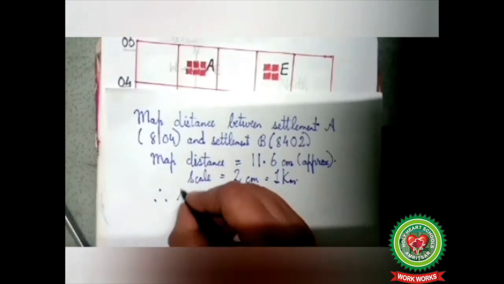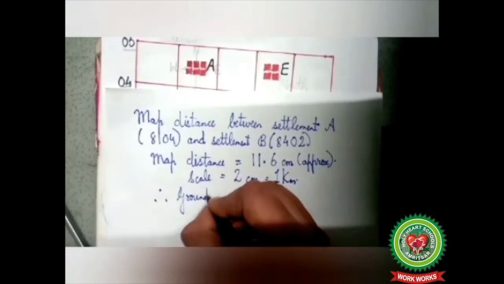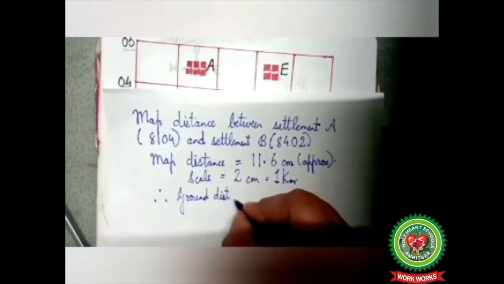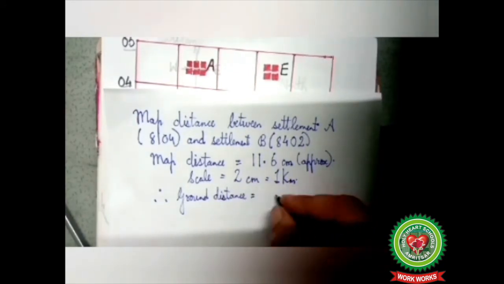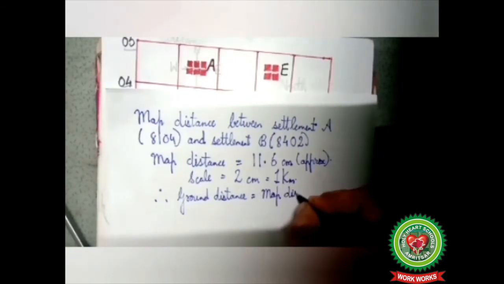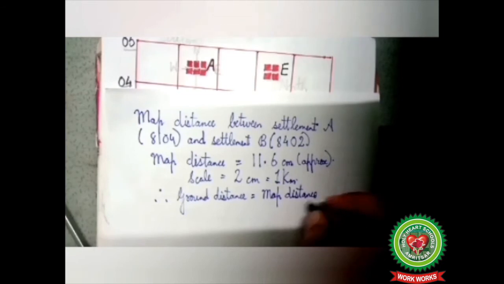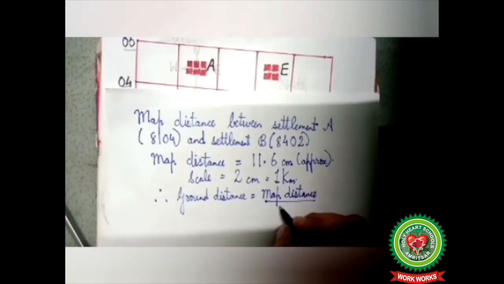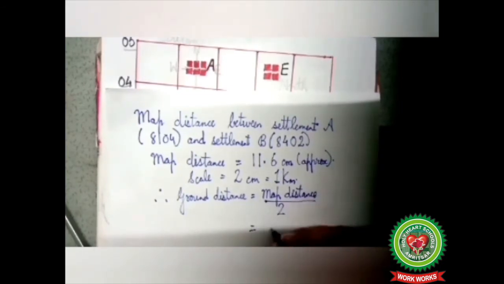Therefore, ground distance is equal to map distance upon 2. Here the map distance we have calculated as 11.6.